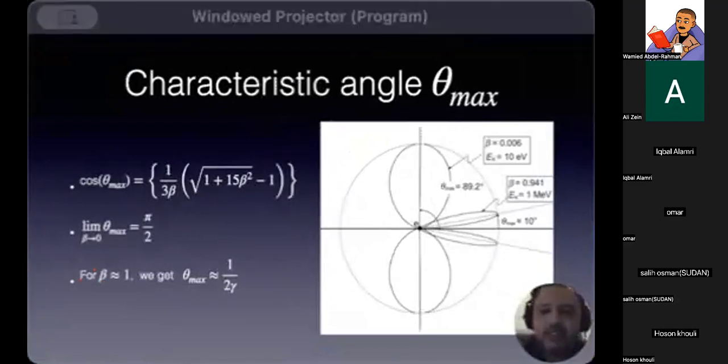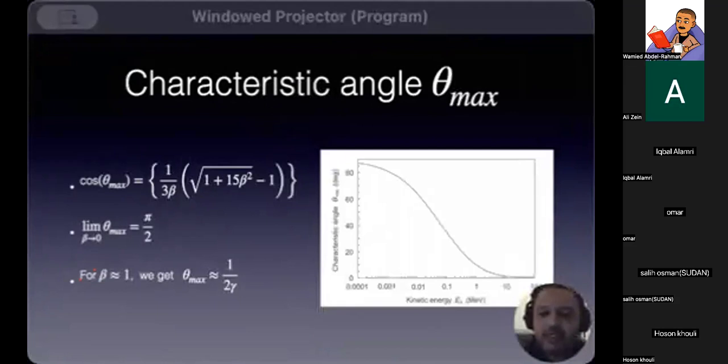So this is the characteristic angle. If we plot this curve as a function of kinetic energy, we take different kinetic energies, calculate the speed of an electron with respect to the speed of light to get beta, and then take the inverse cosine, or arc cosine, of this value, and we plot theta max.